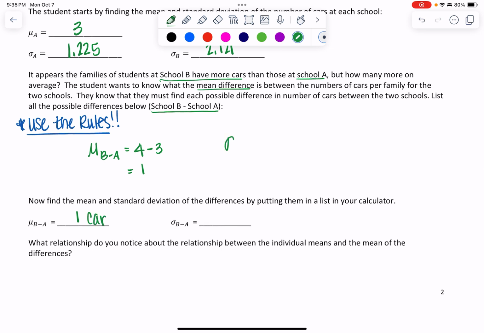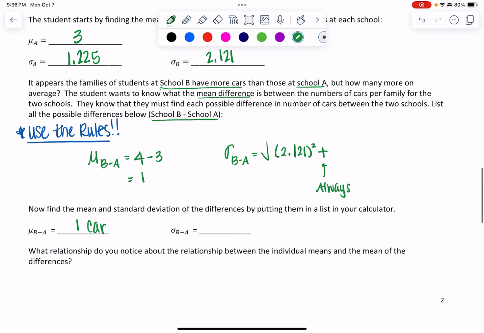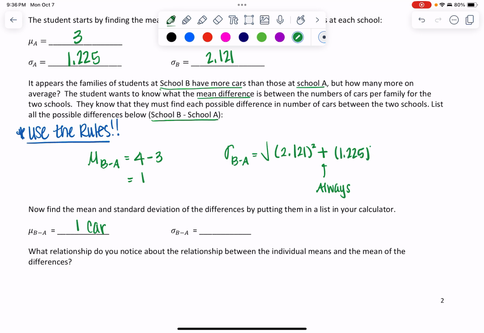And the standard deviation of B minus A is the standard deviation of 2.121, which is B, squared plus, it's always plus, I'll make a note, always, 1.225 squared.